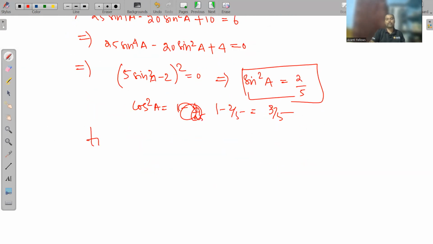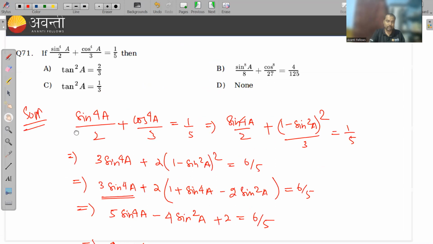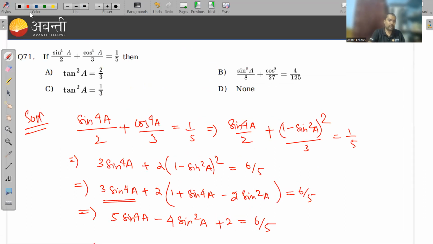Then tan square of a will be sin square a divided by cos square a, that is 2 upon 5 divided by 3 upon 5, which is 2 upon 3. So tan square a becomes 2 upon 3. Is it available in the options? Yes. Tan square a is 2 upon 3. That is option A, your correct answer.